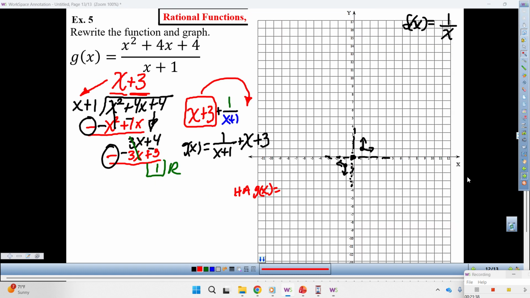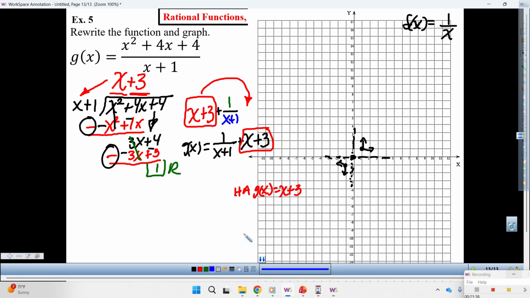Therefore, what is our HA for this one? Tell your neighbor. All right, good conversation. Julian, what's our HA? That is correct, x plus 3. Write that down.